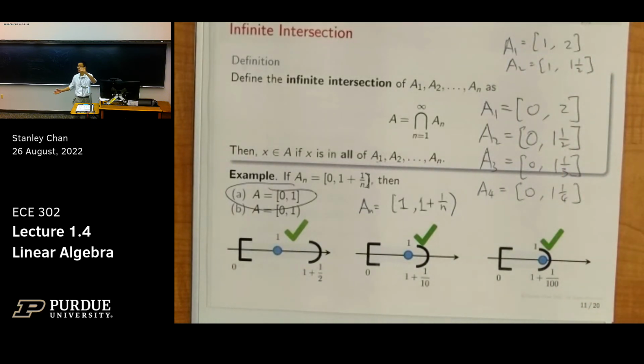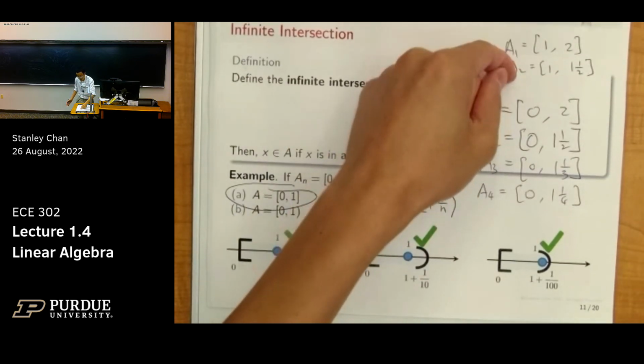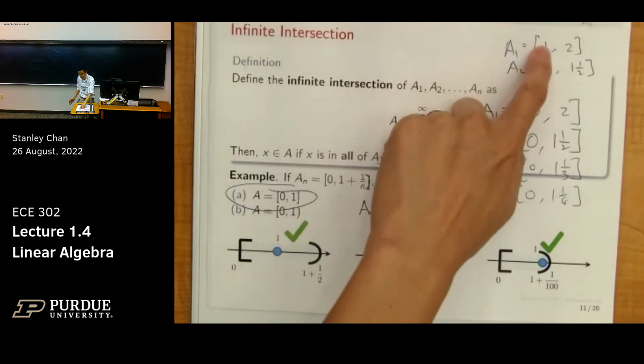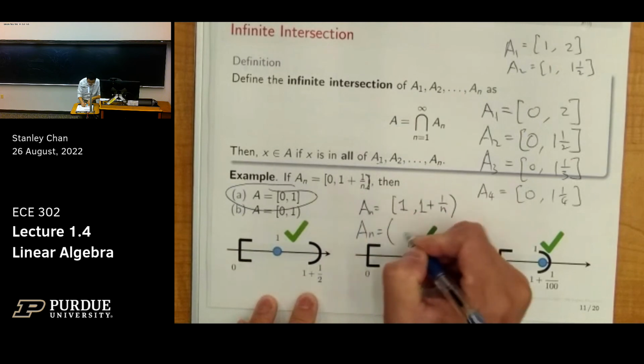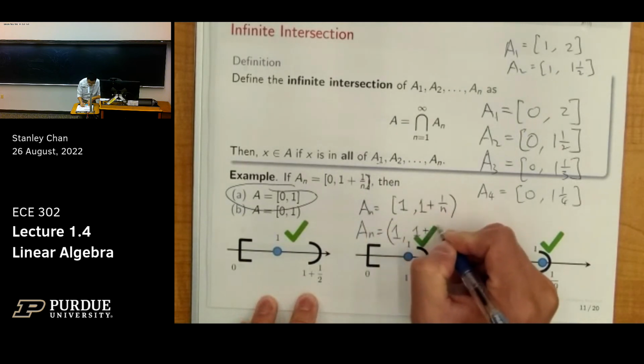Right? As I'm eliminating all the possible cases, does this magical number 1 belong to every single A_n? The answer is yes, because I look through everyone, this 1 is there. Yeah, the 1 is there. Now, if I change this A_n to open, then it's a different thing.